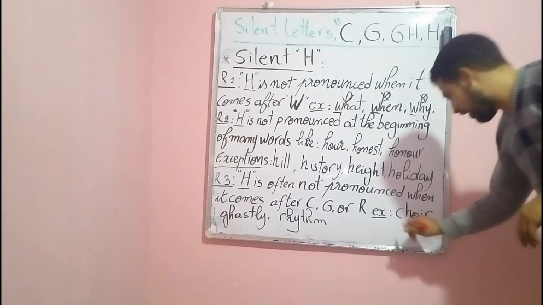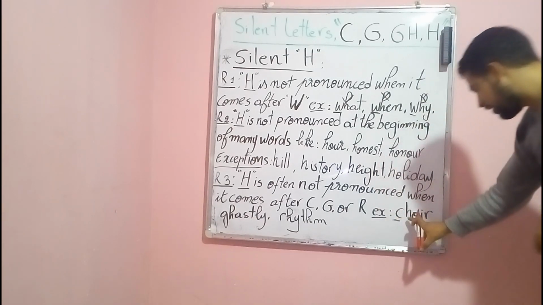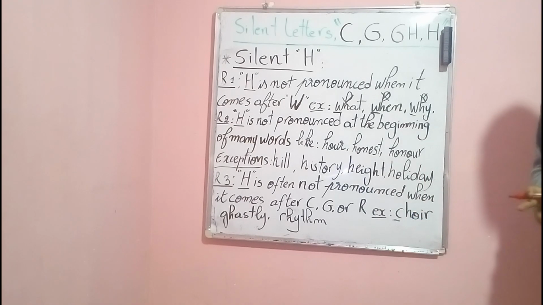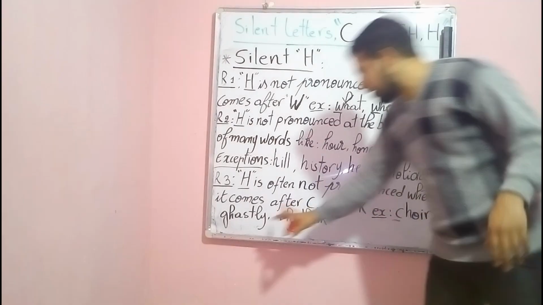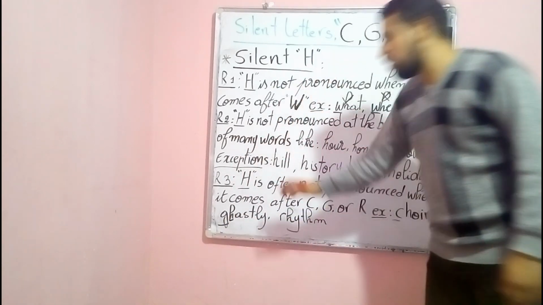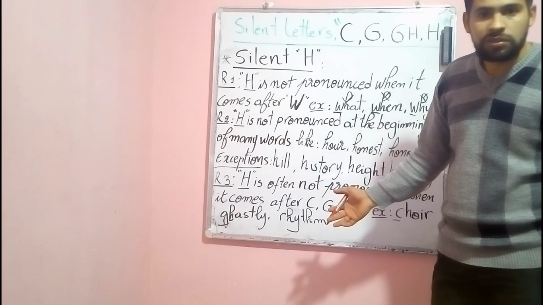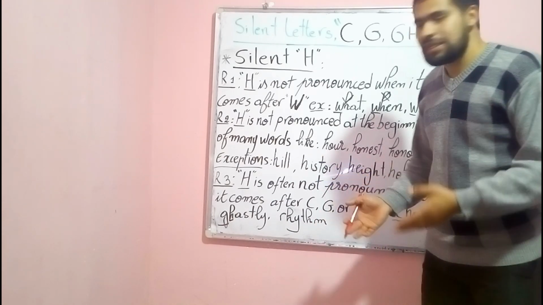For example, here we have C and here we have H. So I'm not going to say shore. No, we say it like this, chorus. The same thing here, we have G and we have H. So I'm not going to say, for example, hastily. No, we are going to say ghastly.